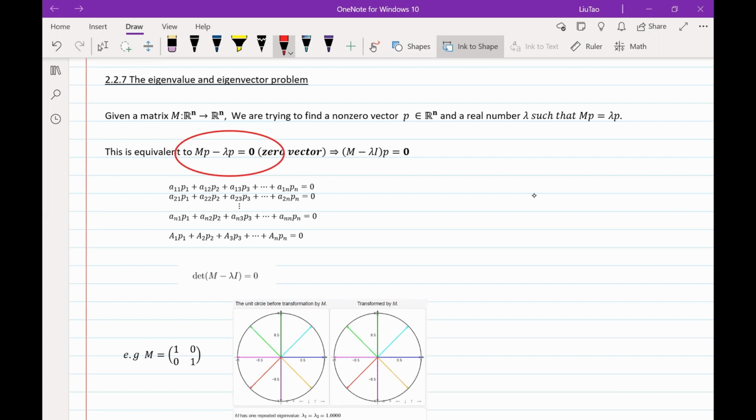If we assume this is a new matrix, capital A, and A has entries A11, A12, A13, and all the way to ANN, we can expand this formula.